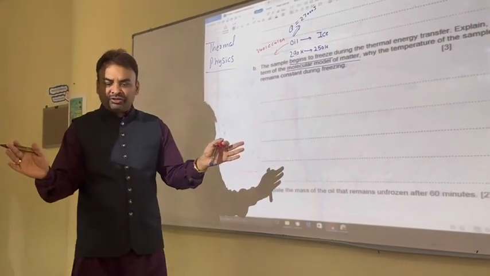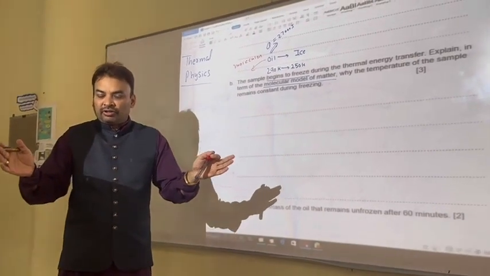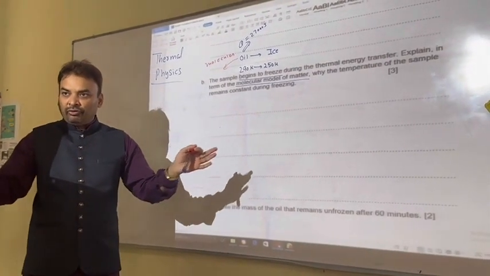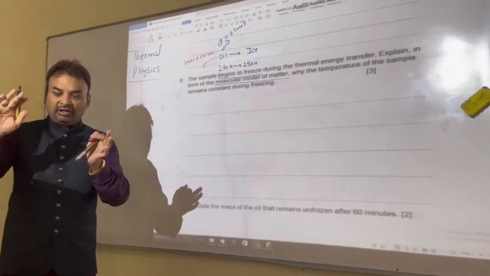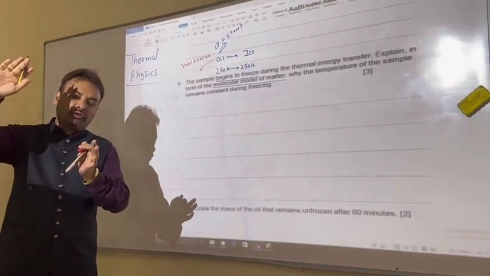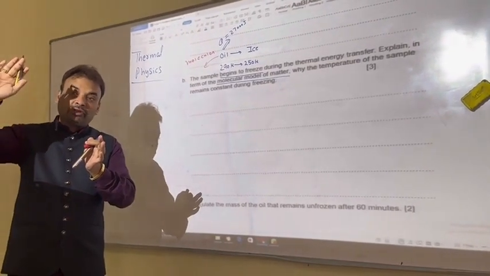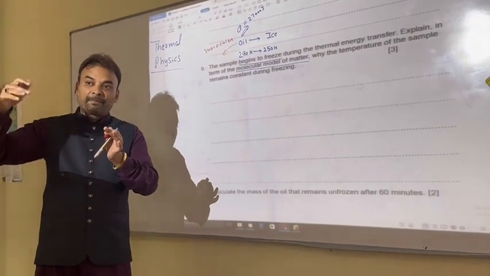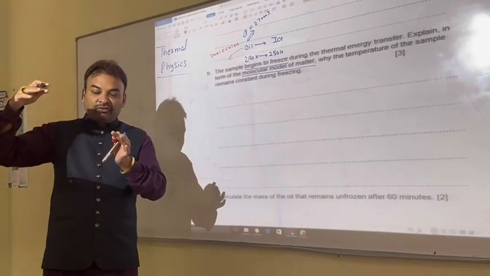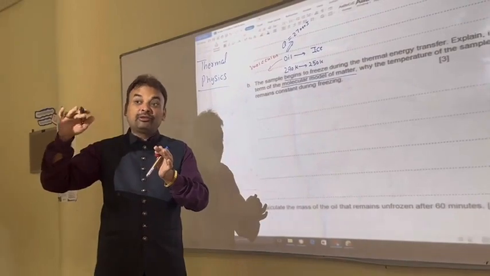After 30 minutes, then after 40 minutes, after 50 minutes, because the refrigerator is on. The oil is inside the refrigerator. Till 30 minutes, there is a heat transfer of 27,000 joule within 30 minutes. And after 30 minutes, why does the temperature remain 250 K?